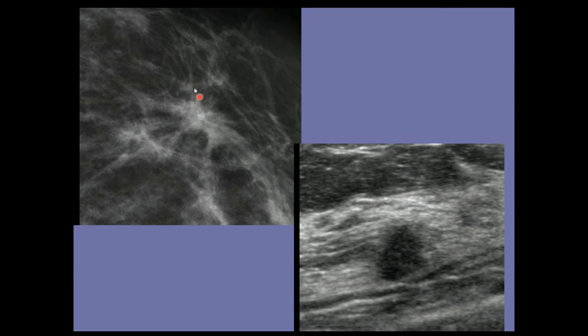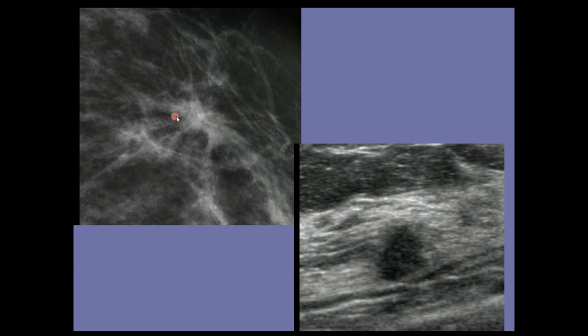But here the fibrous tissue is going in different directions because of this tumor. The tumor has caused the fibrous tissue of the breast to go in different directions because it is engulfing or stretching the normal breast tissue. So it has caused the architectural distortion.